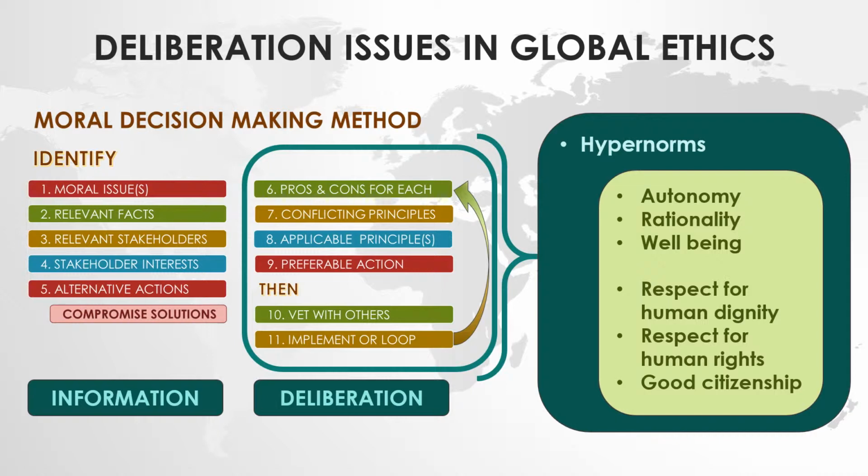There would clearly be some overlap between at least Donaldson's first 2 and our primary goods. Nonetheless, a combination of Donaldson's list with the primary goods is a great start on a working list of hypernorms, moral standards that are appropriate to apply in any moral decision making in any culture in the world.